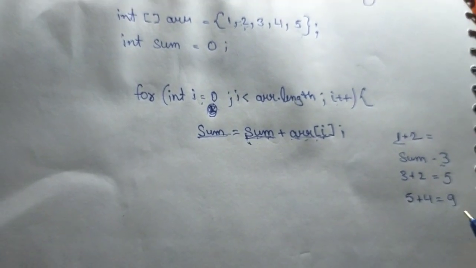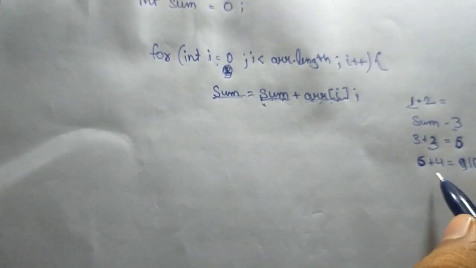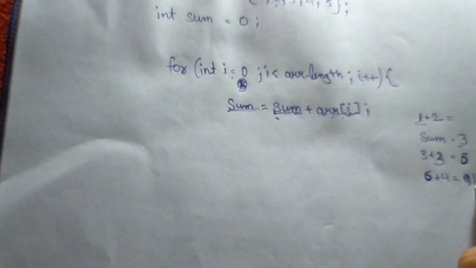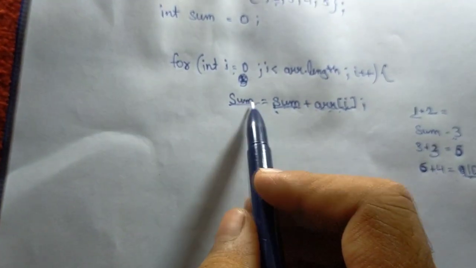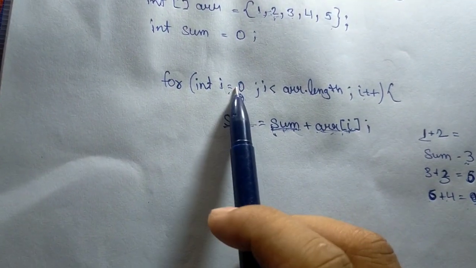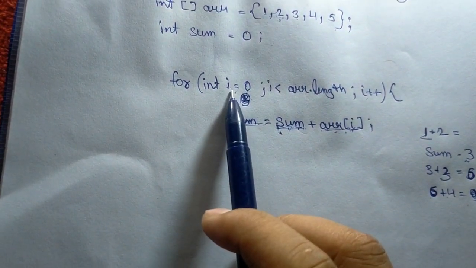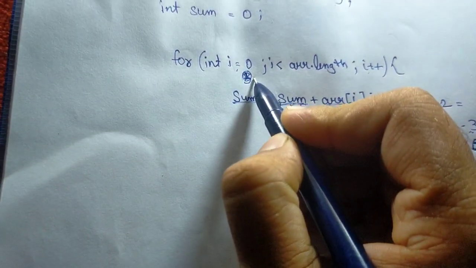Okay, 9. After that, so 6 plus 4 becomes 10. Okay, so now my value of sum becomes 10. Okay, after that it will again go in this, the index value will increase by 1 and the index becomes 4.